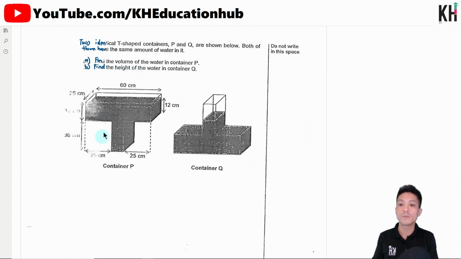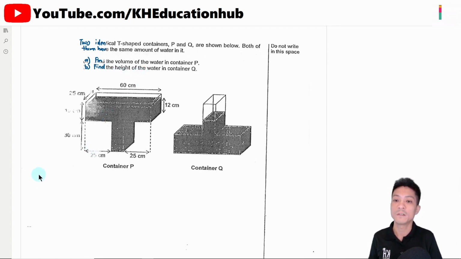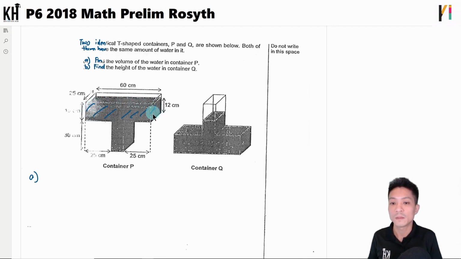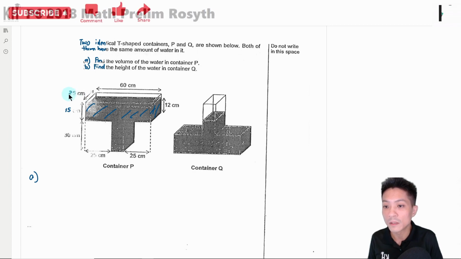Let's do part A first. Find the volume of water in container P. We're going to find the volume of water at the top part first, which is over here. This is, I think, a 15, and this is 25.